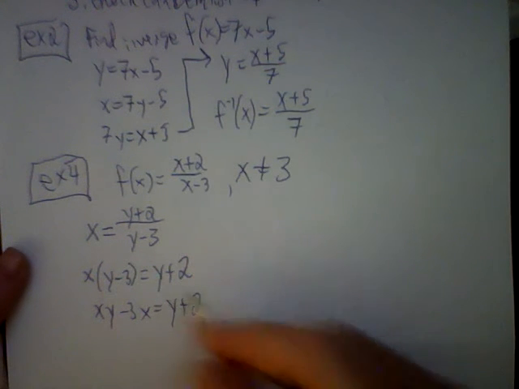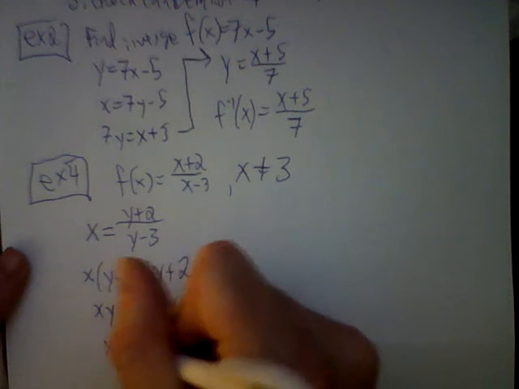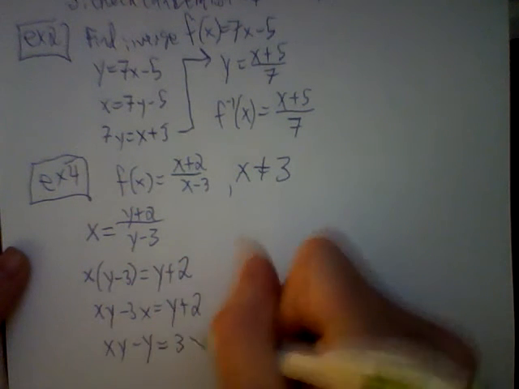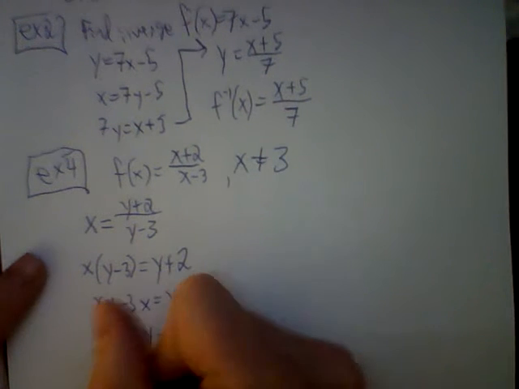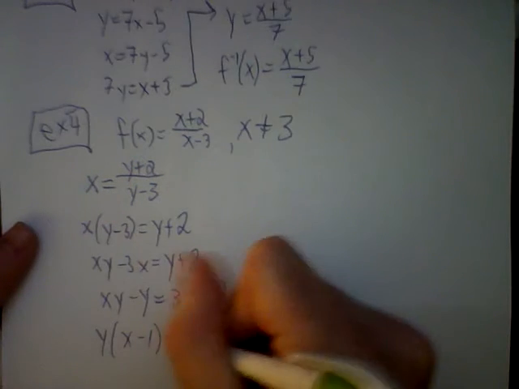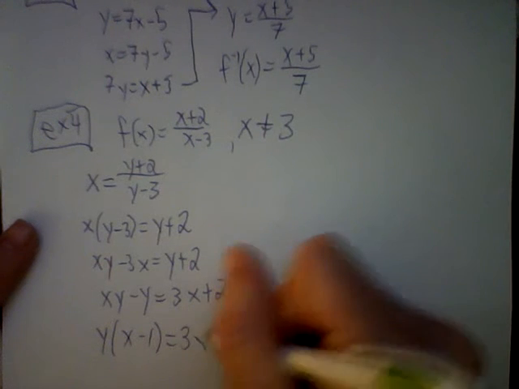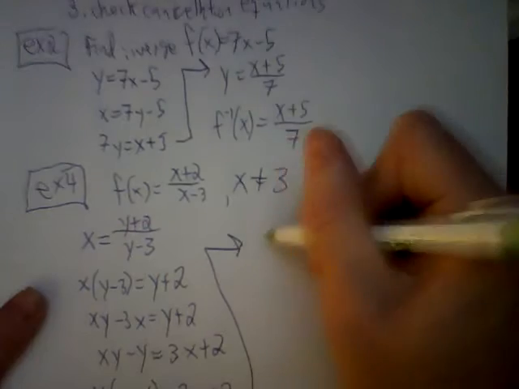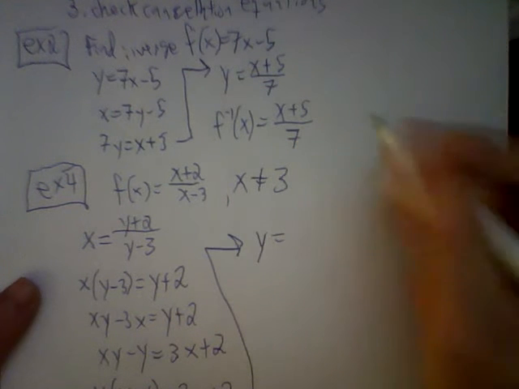Collect all the y's on one side, so you can say xy minus y. On the other side, you got 3x plus 2. Factor out the y, so you have y times x minus 1 equals 3x plus 2. And then divide by the x minus 1.